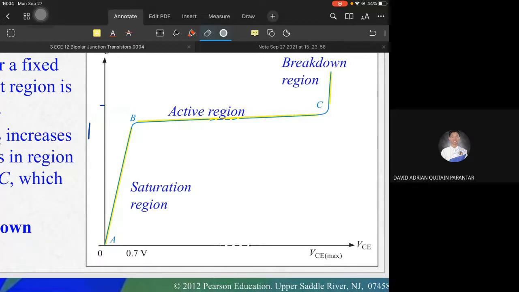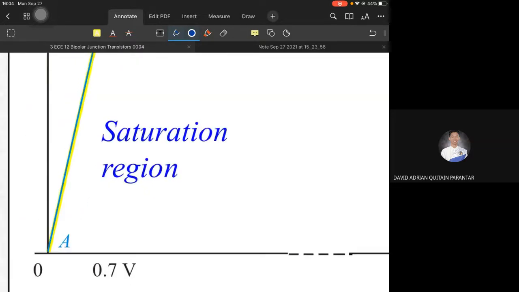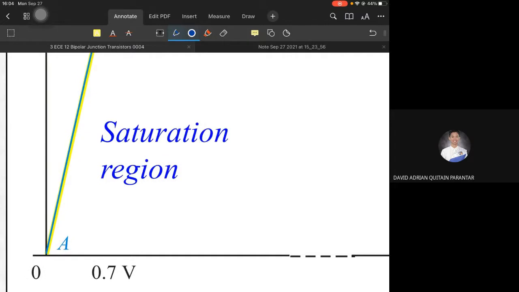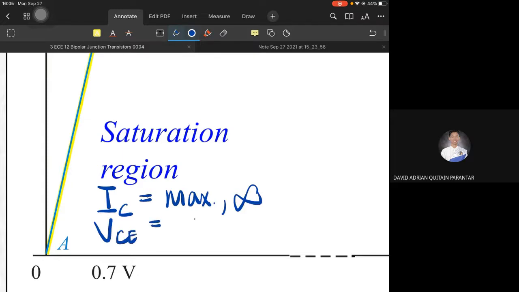The saturation region is characterized by these properties. In the saturation region, current is maximum and voltage is 0, or minimum, sometimes 0.